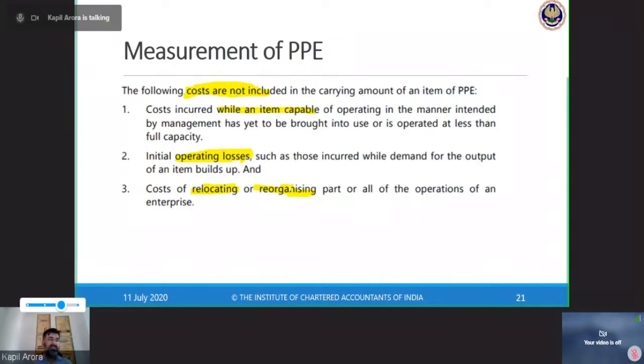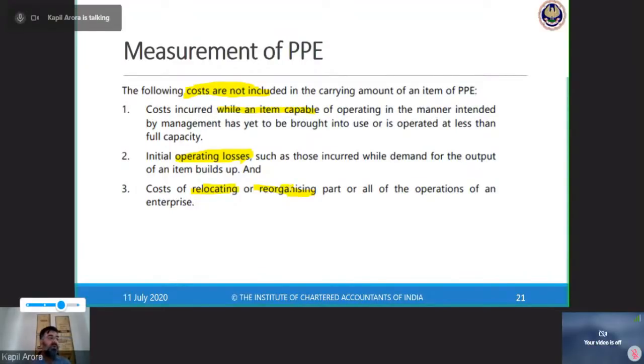Tata Nano car, which they started manufacturing in Gujarat. So this Nano car earlier was planned to be started in West Bengal. Tata had already established a plant in West Bengal.